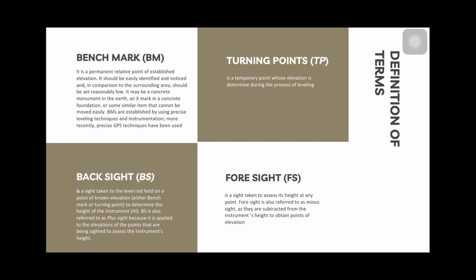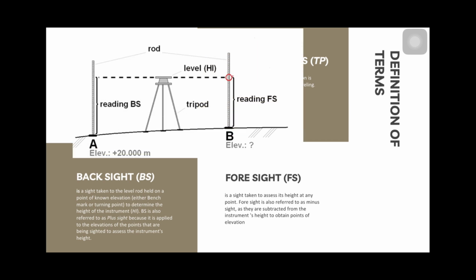You can think of it as the surveyor looking forward to find the height of the next location. So this is the illustration of the instrument setup where you're getting the backsight and the foresight reading.